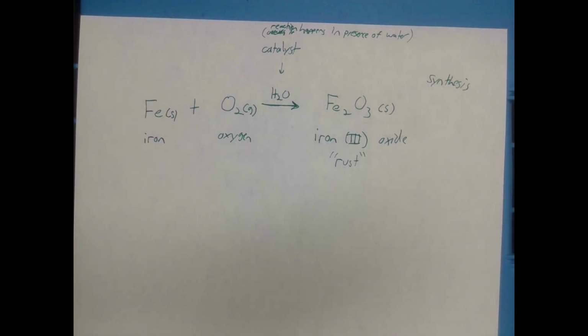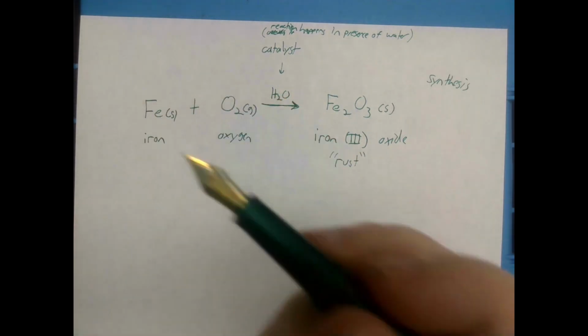What's the balanced version of this equation? What should the prefixes be? It's a good starting point.